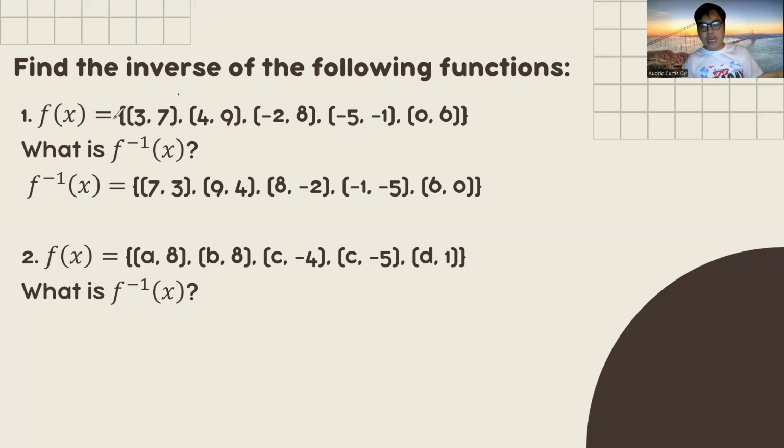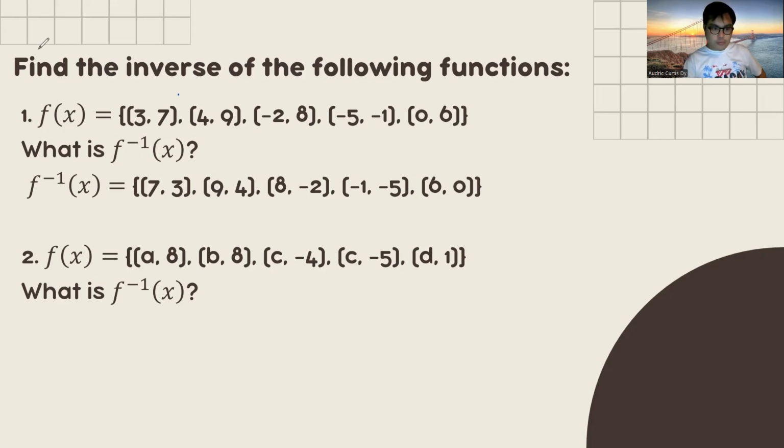For the f of x, the first ordered pair is 3 and 7, wherein the x is 3 and the y is 7. However, for its inverse, 7 has now become the value of x, while 3 has become the value of y. So, bale, binaliktaran lang sila. This happens to each of the ordered pairs. So, bale, sa madaling salita, binaliktad si x at saka si y in terms of getting the inverse.